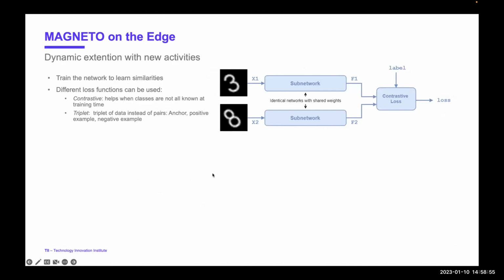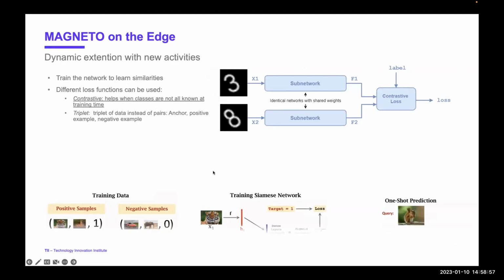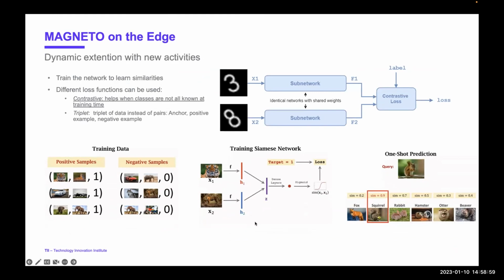So I put this slide to discuss in a little more detail the Siamese network and few-shot learning. I hope everybody is familiar with that, but we don't need a lot of data. Basically, you need a few examples of your activities to be able to build your network. So you can build a specialized network for each activity, and then use that to predict.